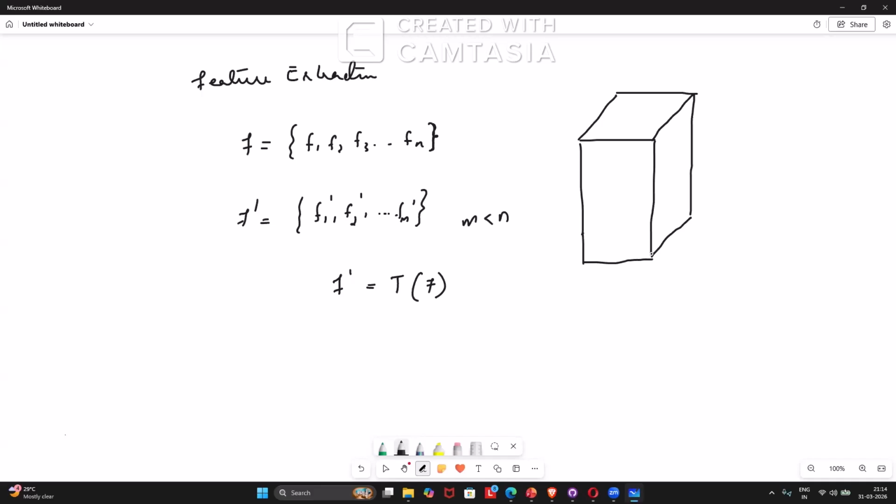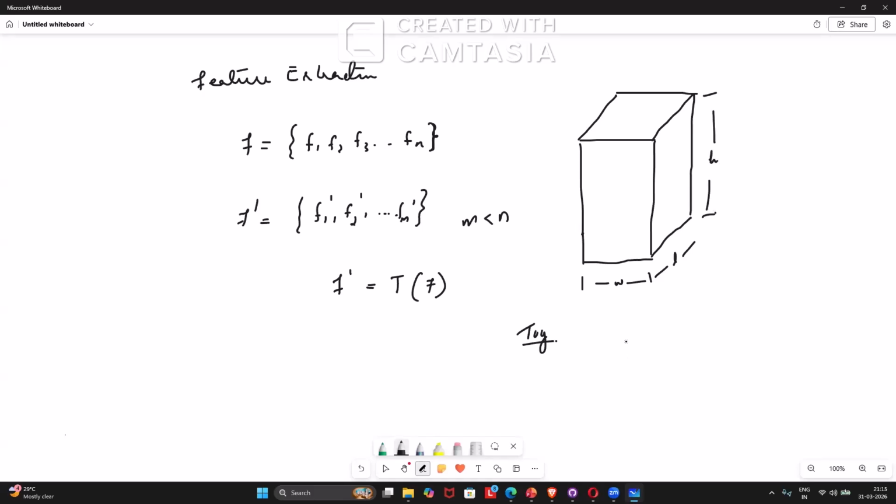Okay, I will give you a simple analogy. See, I am having a toy like this. The toy is actually described using its width, length, and height.